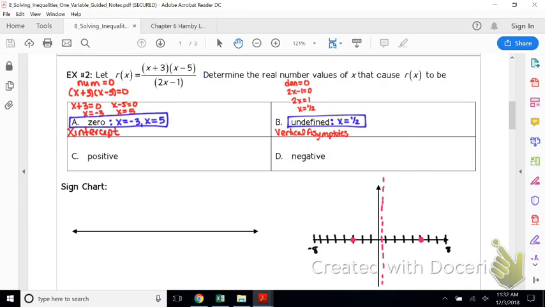Now, positive and negative are where we're going to have to plug in the numbers to find out if it's going to be a positive interval or a negative interval. So we're going to use the sign chart there to help us.